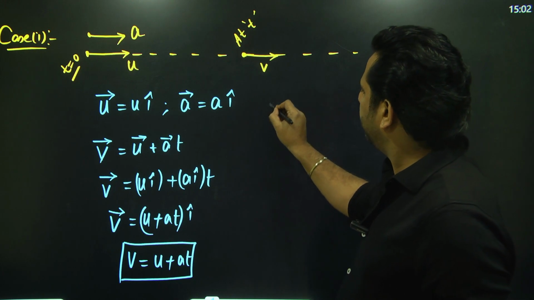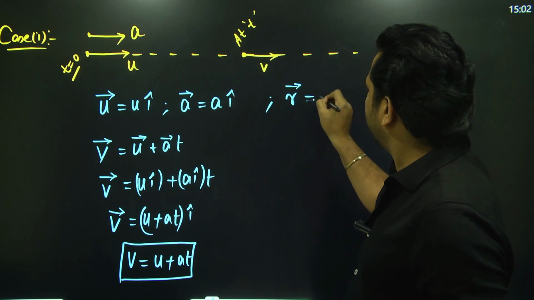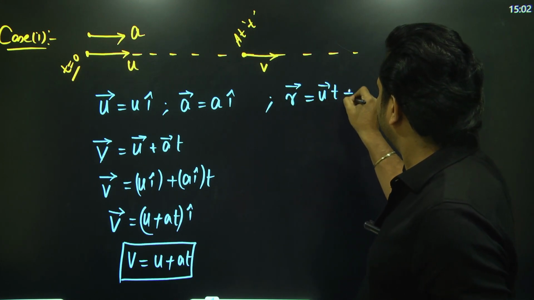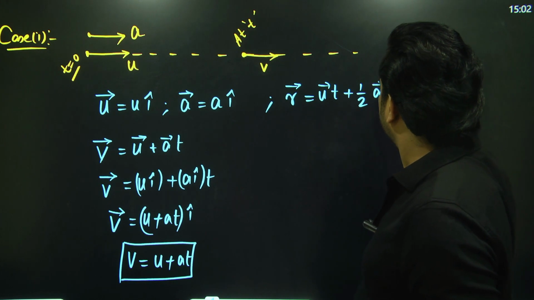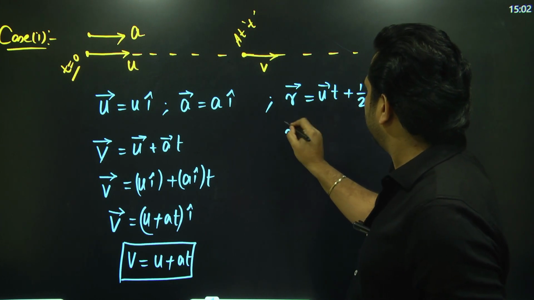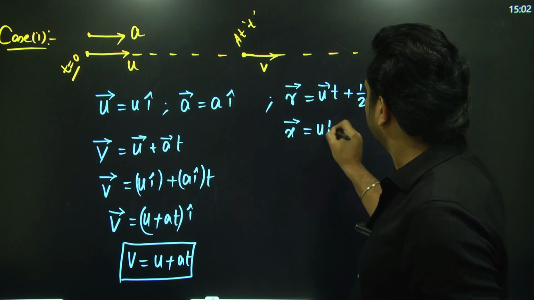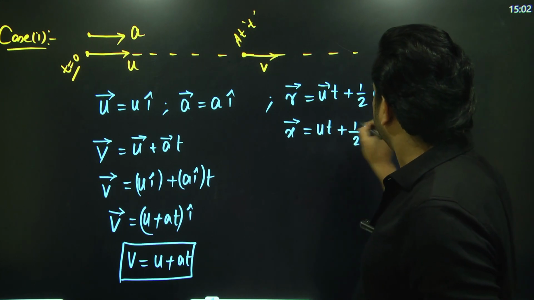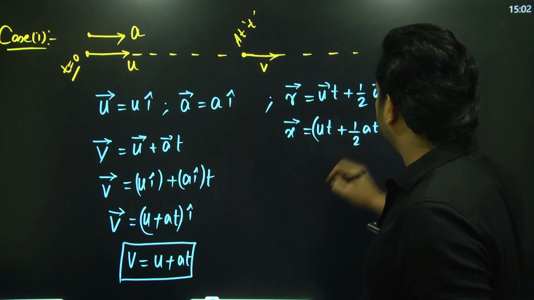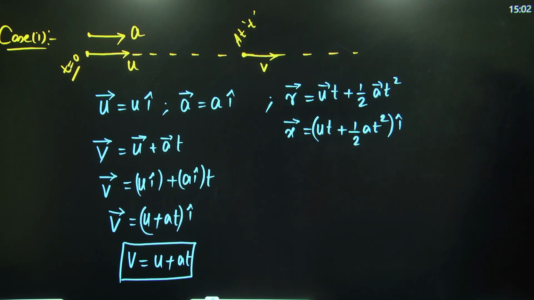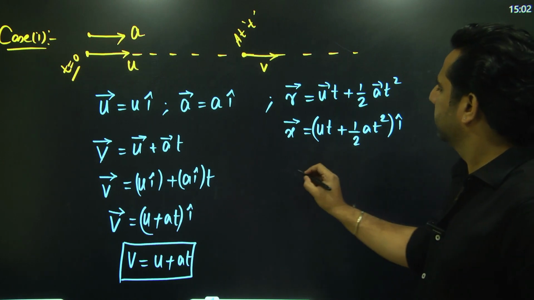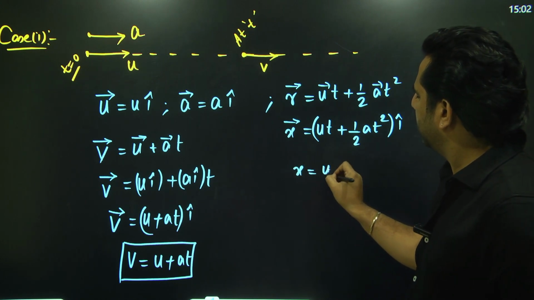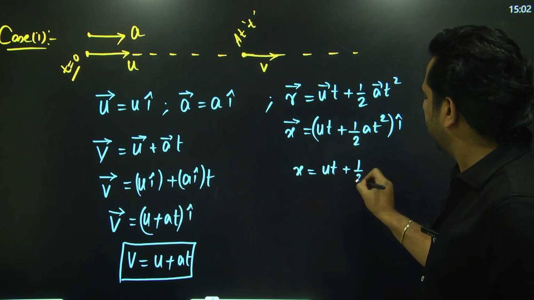Now you can also apply the second equation of motion, that is r bar = u bar t + half a bar t². So r bar, I let it be x bar, turns out to be (ut + half at²) i cap. u bar is u i cap and a bar is a i cap. So this is what I get. The magnitude of displacement is ut + half at².